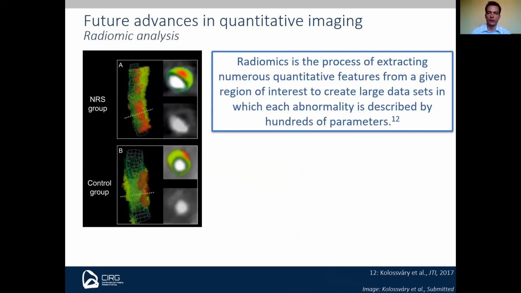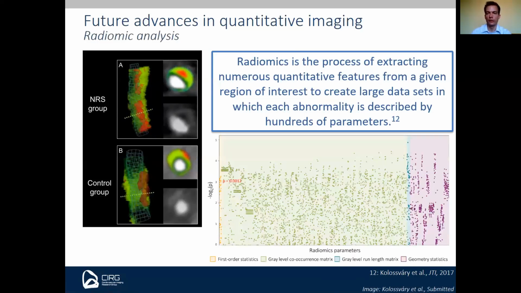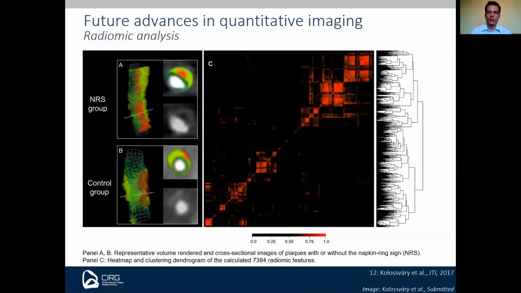We calculated more than 4,000 different parameters. And on this Manhattan plot, you can see the different p-values regarding the radiomic parameters. Here, with a Bonferroni corrected p-value, we have a lot of values that are very significant in identifying these plaques. And these parameters hold individual information regarding plaque morphology.